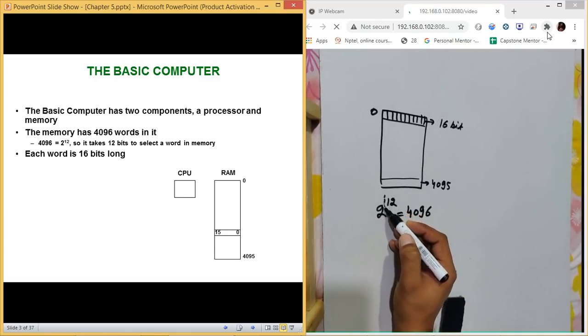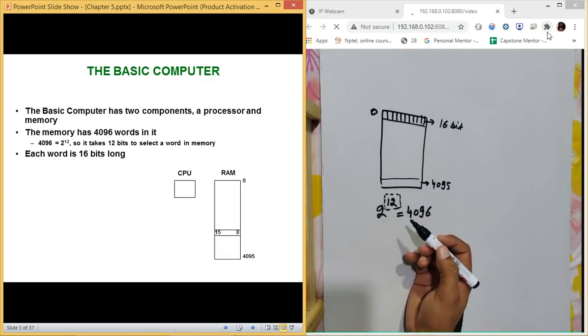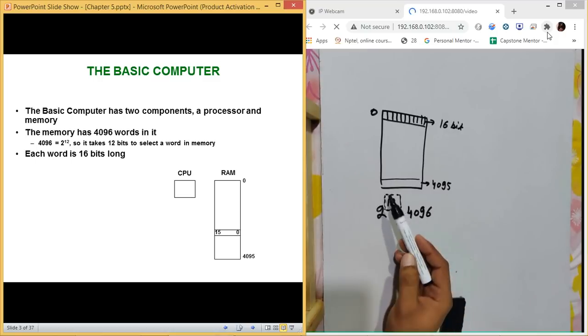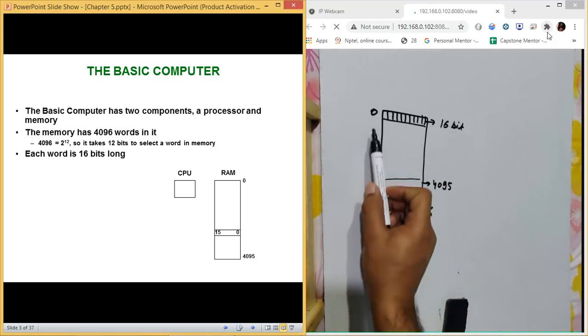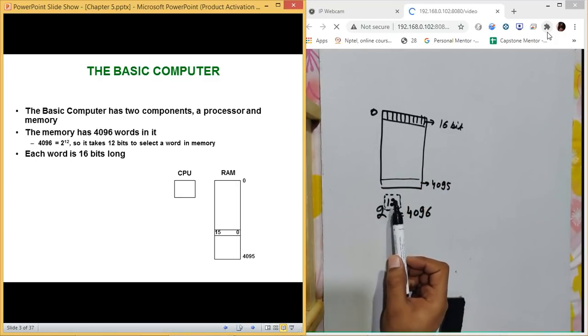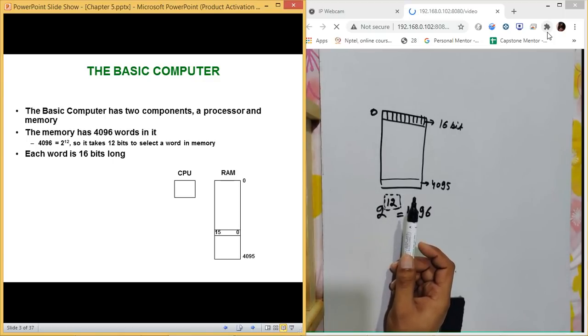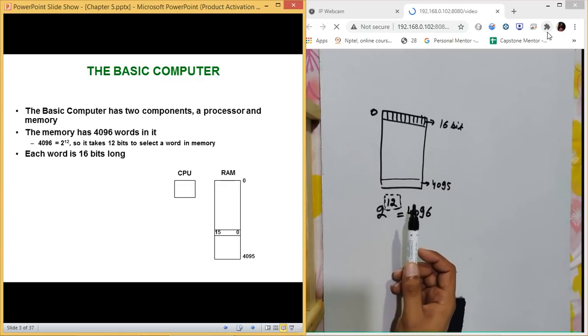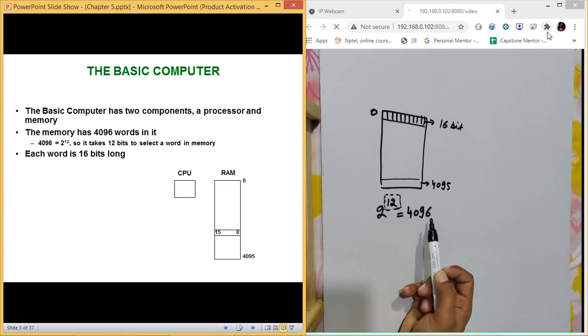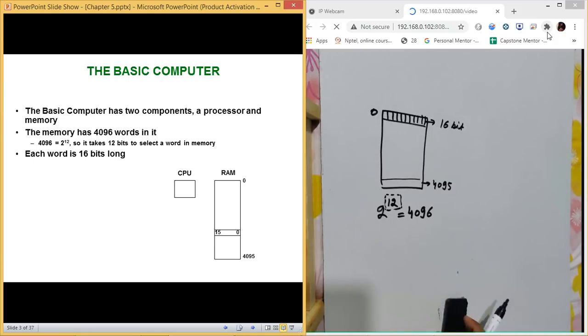So the total number of address lines we need is only 12. By using 12 bits, we will be able to access all these 4096 locations. Now let us move to the next part.